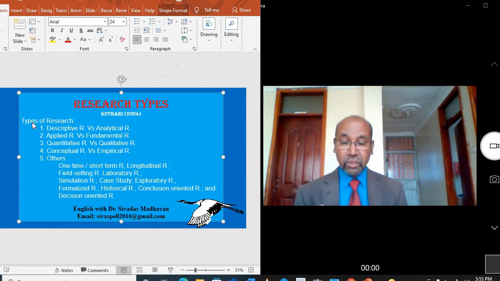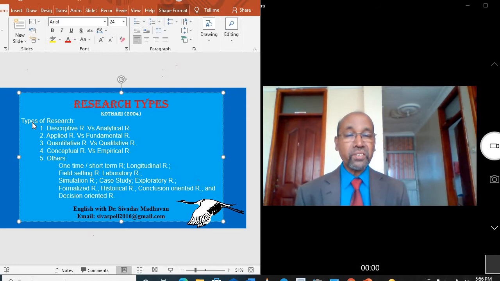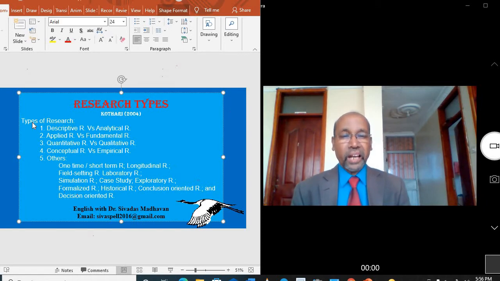applied research versus fundamental research. Applied research is action research, just to answer the problems of day-to-day life. That means an immediate solution for day-to-day life affairs. That is action research.